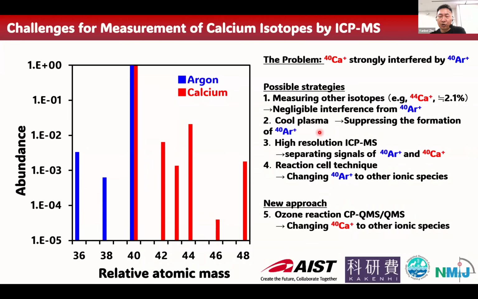Another method is cold plasma. It operates the ICP at a relatively lower temperature to suppress the formation of argon 40 ion. Also, high resolution ICP-MS is a possible way for measuring calcium.